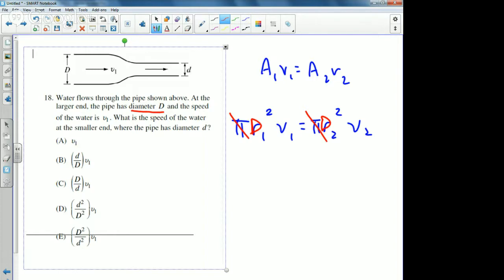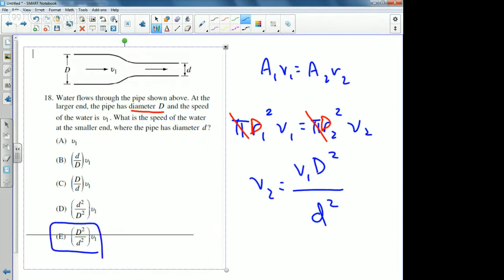So really my final answer is, if I just do V2 is equal to V1 D squared over little d squared, which is choice E. Any questions about that?